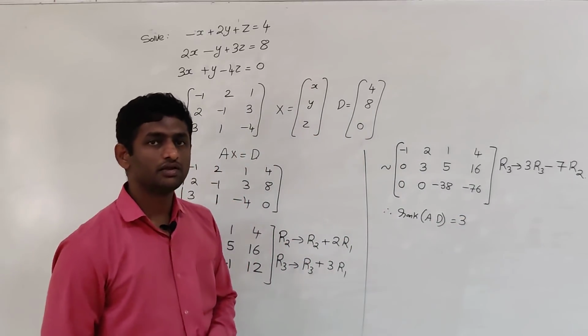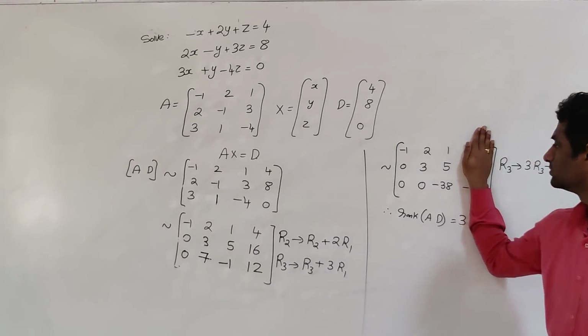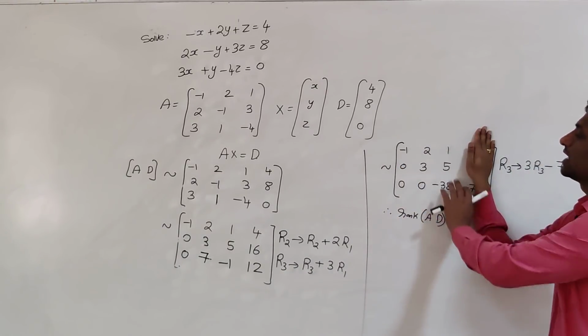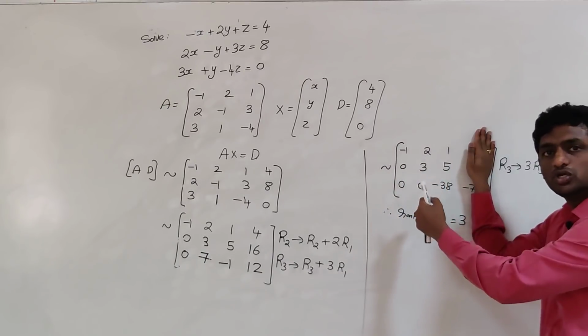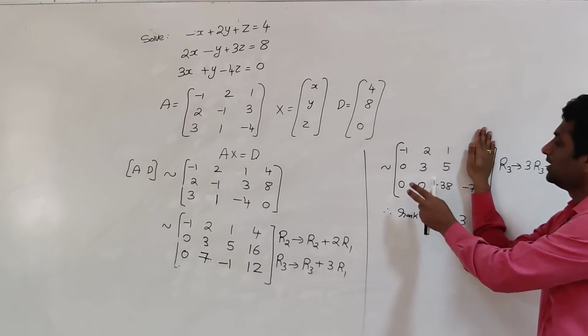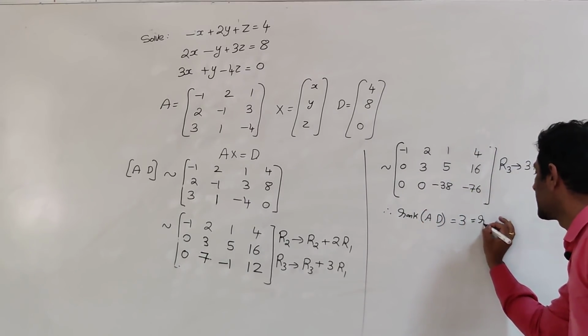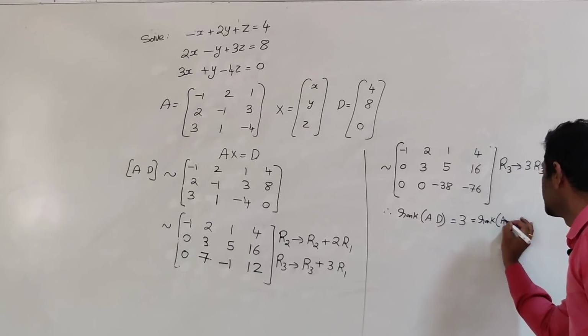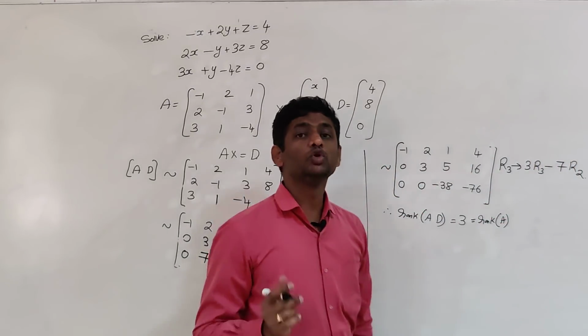If I drop the last column, it gives the rank of A. How many non-zero rows are there for A? It is again 3. So both ranks are equal to 3, so it has a unique solution.